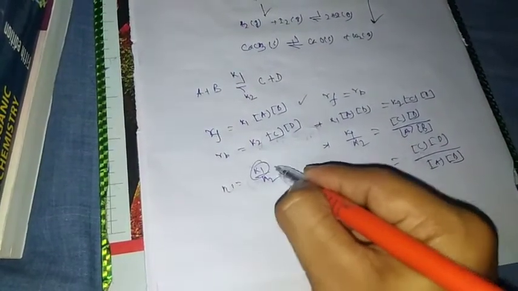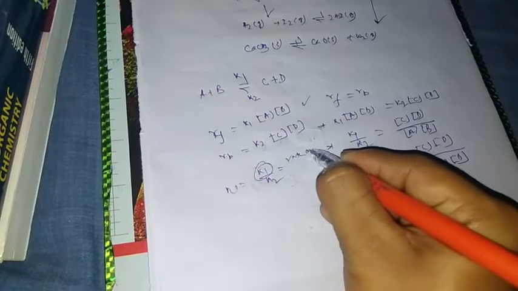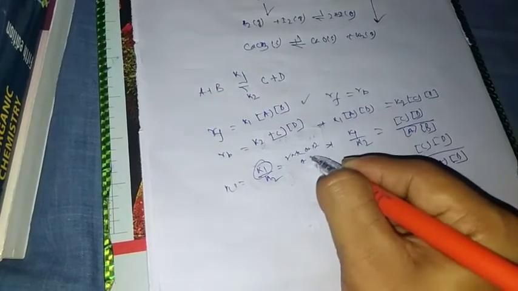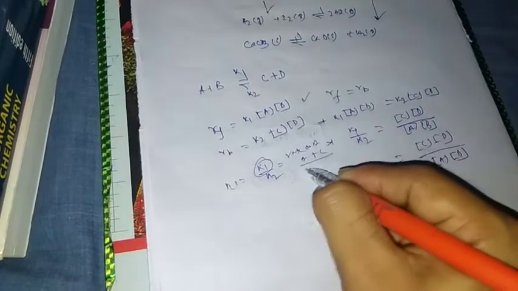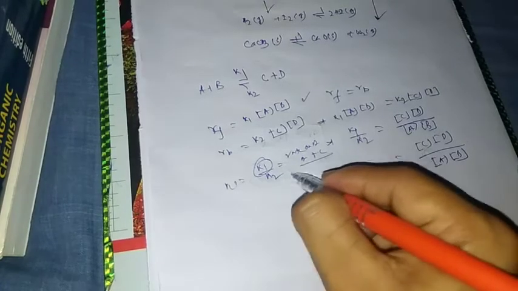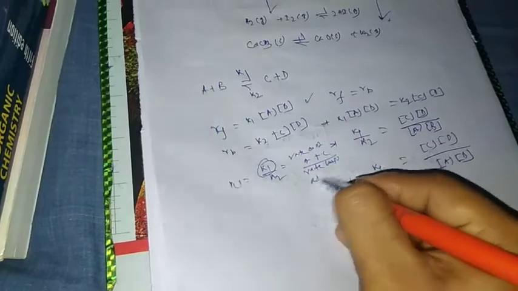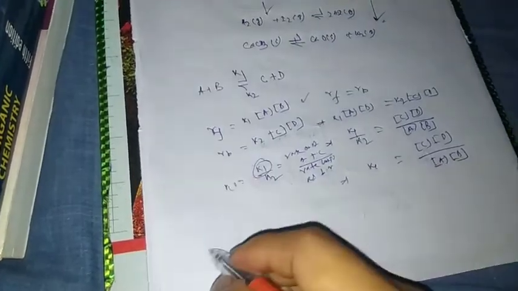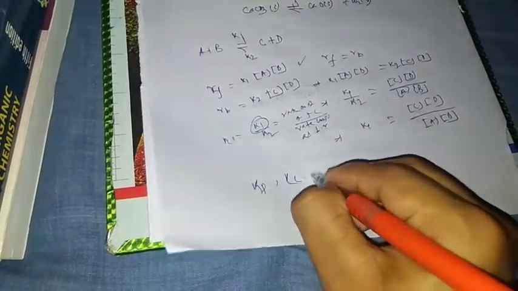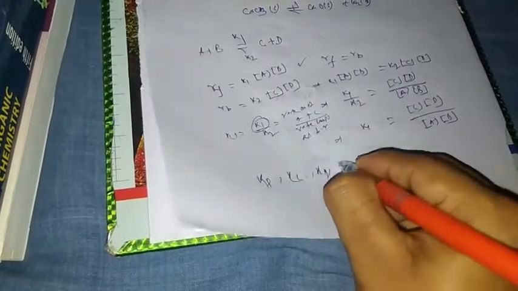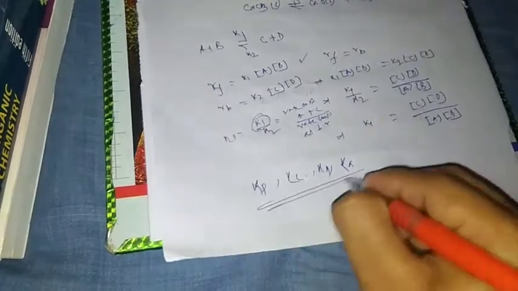So K1 is the rate constant of the forward reaction, and K2 is the rate constant of the backward reaction. So in chemical equilibrium there are some constants such as Kp, Kc, Kx, Ka, etc.